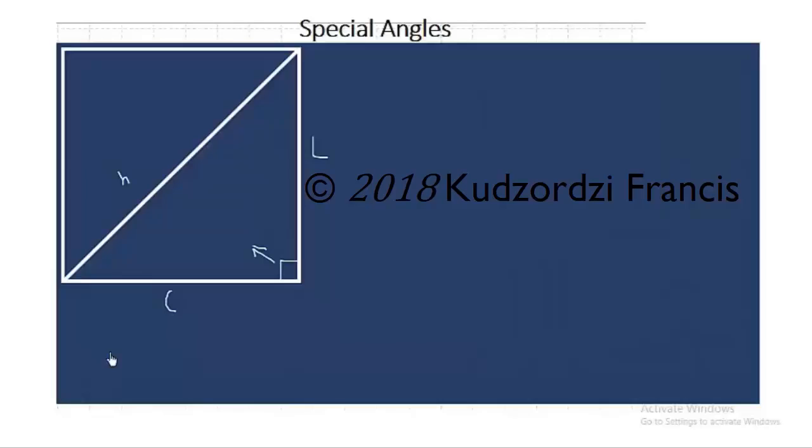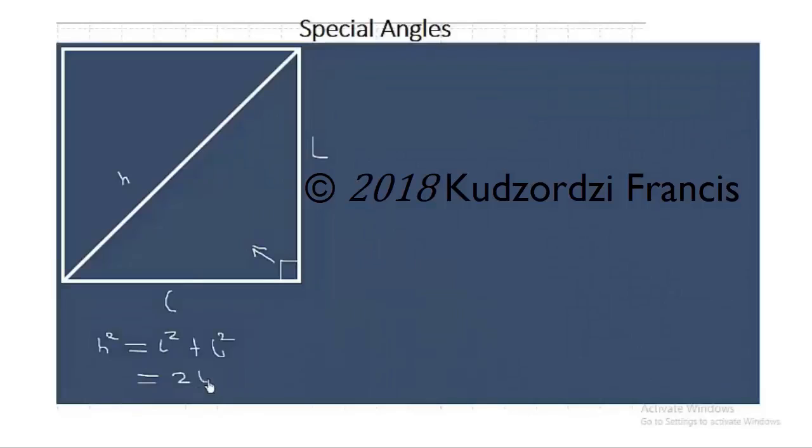So we know that h squared will be equal to L squared plus L squared. So this will be equal to 2L squared. So we have h squared is equal to 2L squared.